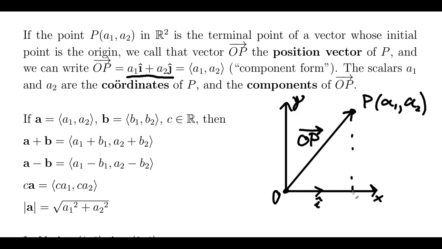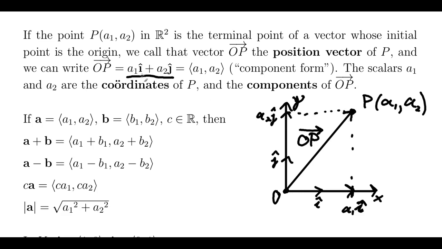Then this vector here would be a1 times i. a1 is a scalar multiple scaling the unit vector i. Similarly, if this is j, then this would be a2 times j. And when we add a1 i plus a2 j, the parallelogram law tells us that we get the vector OP.